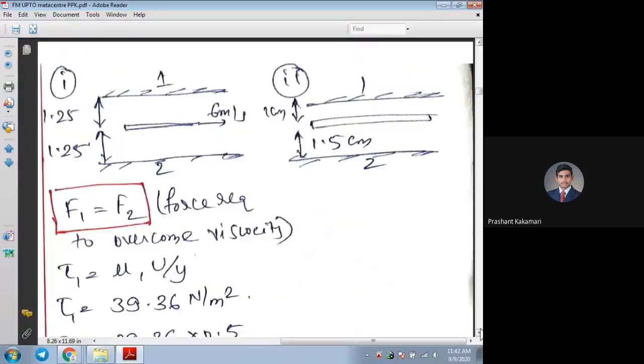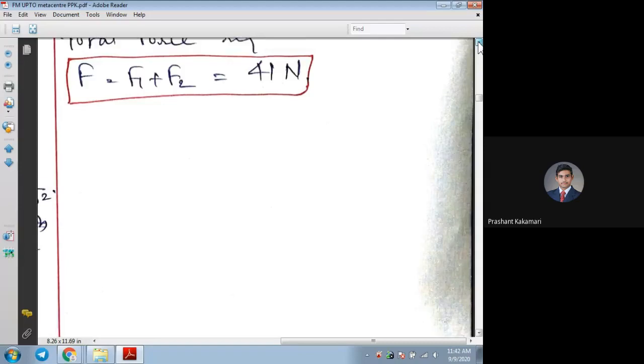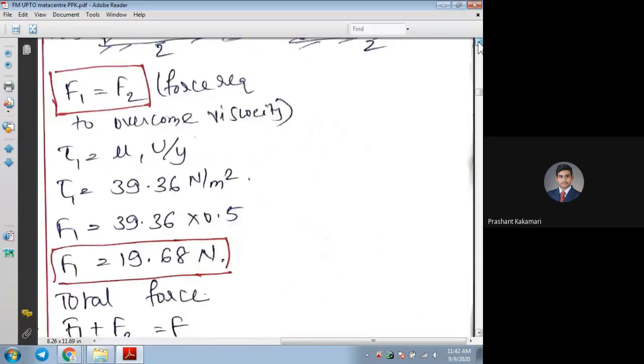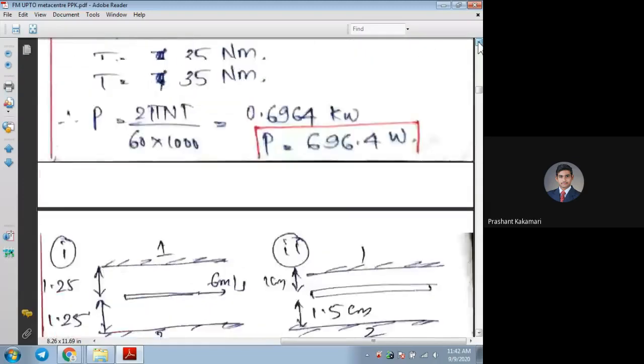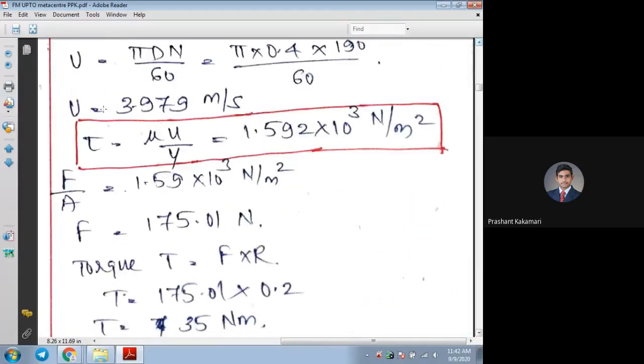So now I have got the U value. U value is around, how much did you get there? U value is 3.4. I'll take 3.4 meter per second. Now we got the velocity value.